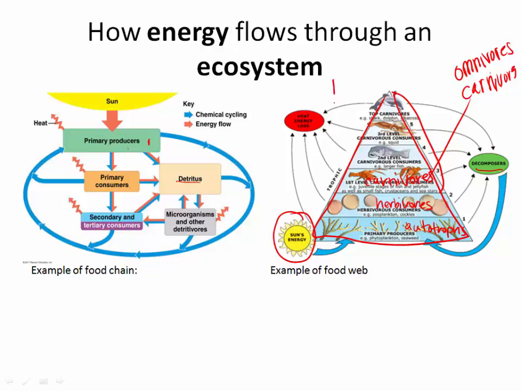So there is something called the 10% rule. Does this mean that it's always 10% every time you jump? Only 10% of the energy moves up to the next level. Does that mean that it's always 10%? No. Many times, depending on the system that you're working on, it may be 20%, it may be less than 10%, but as a general rule, it's about 10%.